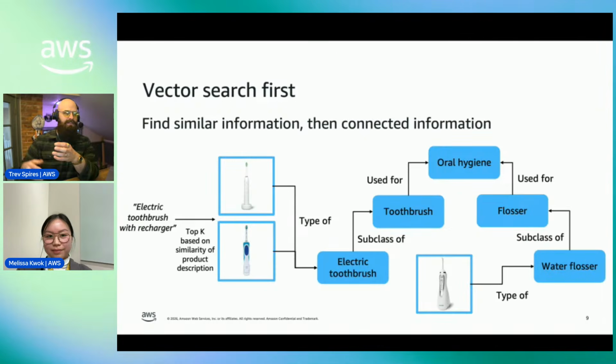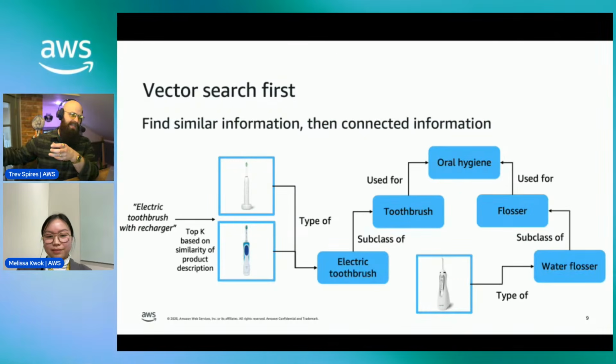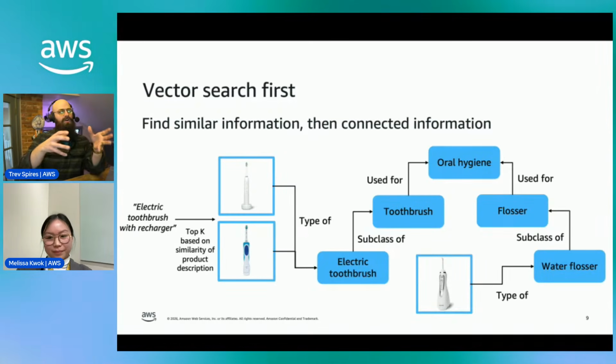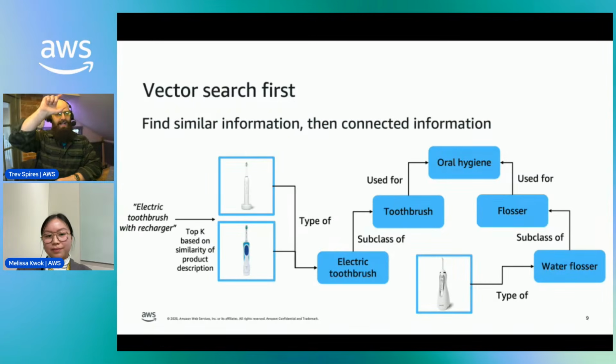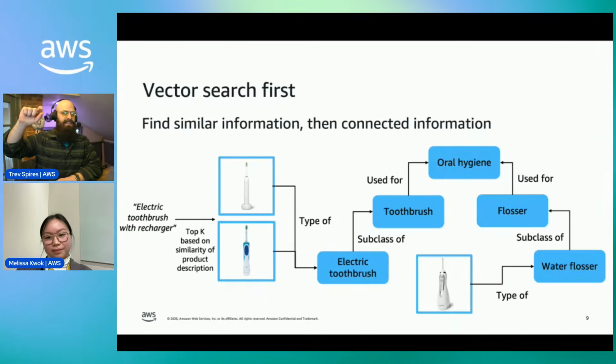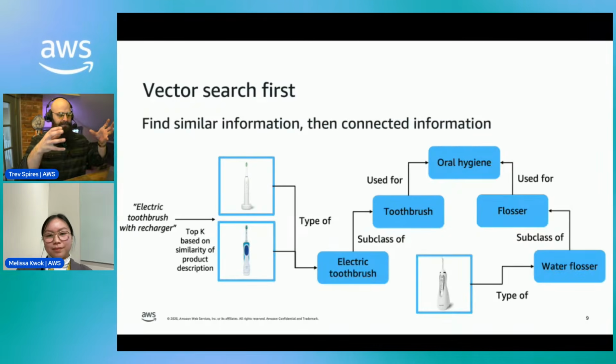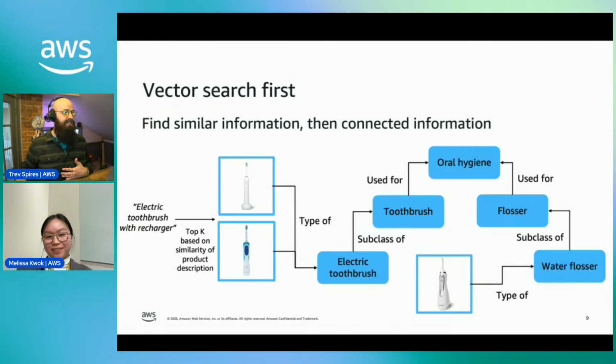But maybe there's a recommendation or an additional item you might want to add to the cart, and that is powered by this flow of, well, we know that electric toothbrush is in this oral hygiene category, which might lead you to surmise that a flosser or some floss or toothpaste, which doesn't necessarily match the search of electric toothbrush, is still highly relevant to that shopper.